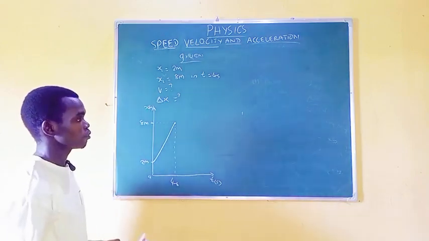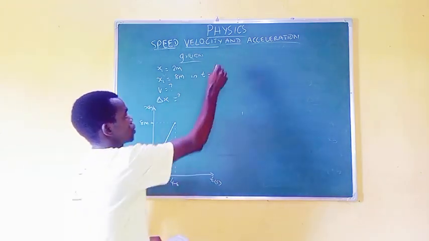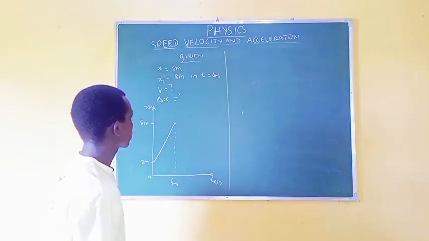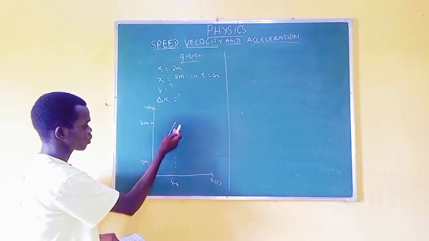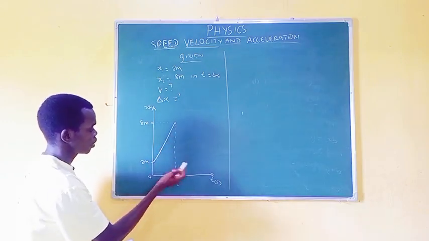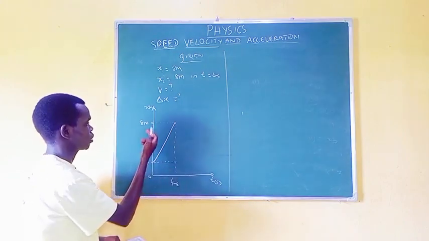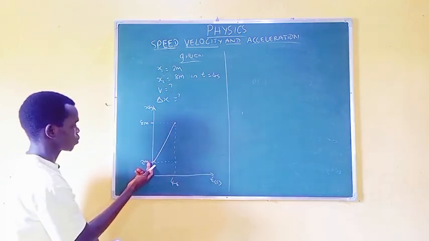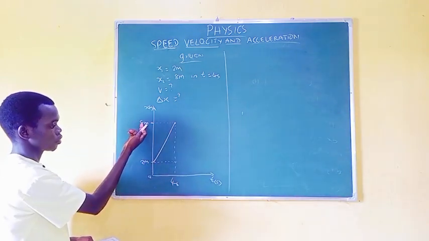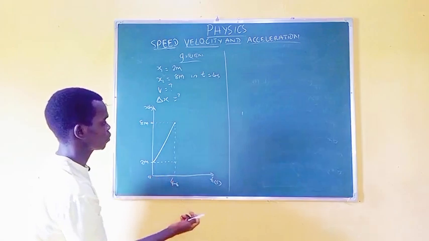From here now, we can find velocity. I know that velocity is equal to the slope of the graph. Let's say here's the slope, which is S1, S2, 0, and 4.